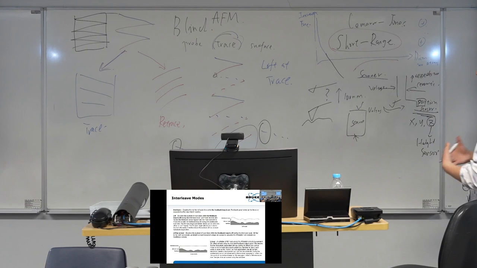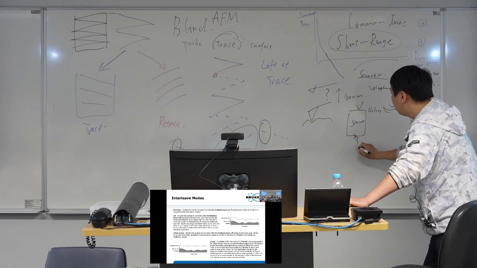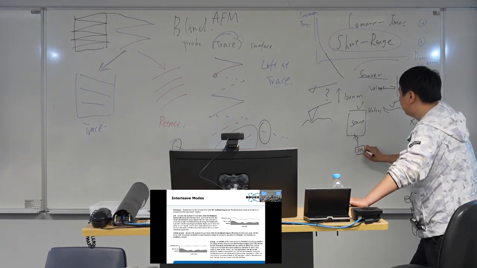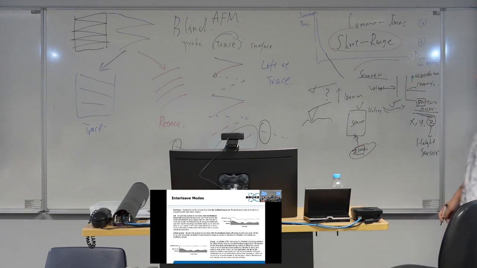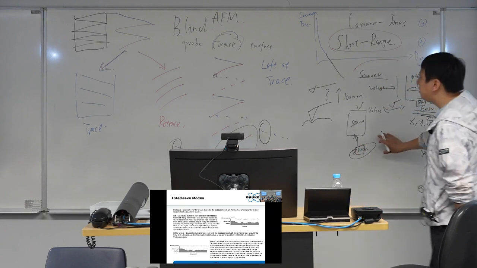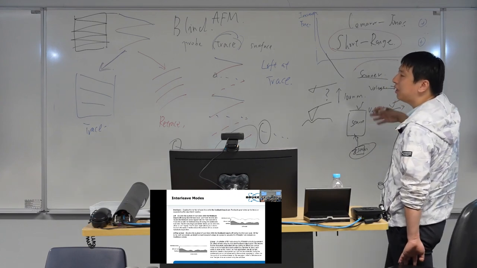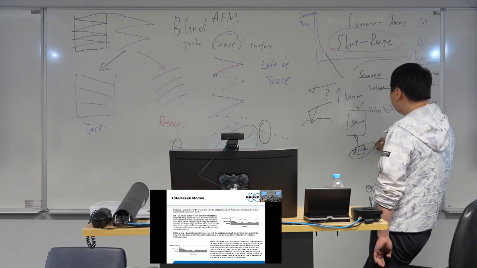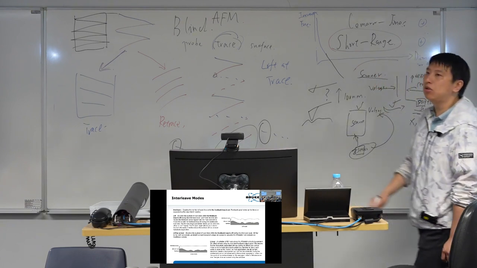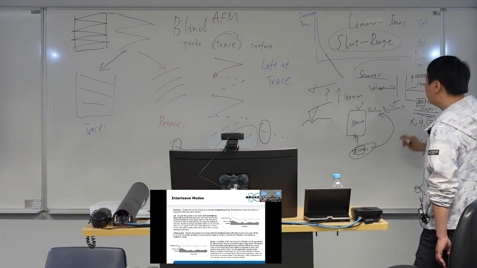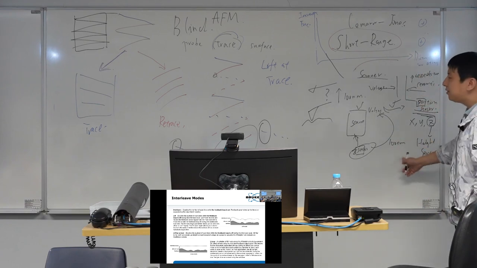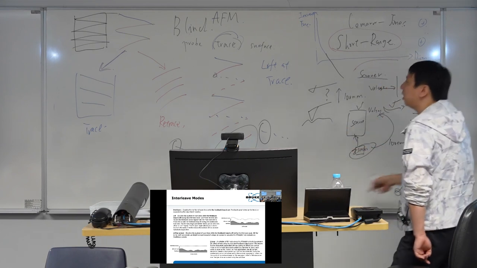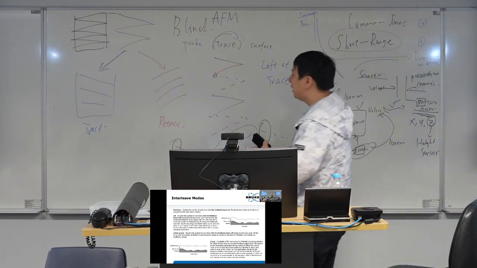But what's the exact lift-up distance? We don't know. So we can tell the lift-up distance from this Z sensor. And then from this Z sensor, we can know the exact lift-up position. And then we use this feedback to adjust the voltage to make sure we lift up by 100 nanometers. So this kind of setup, we call it a closed loop. So we can see the difference.